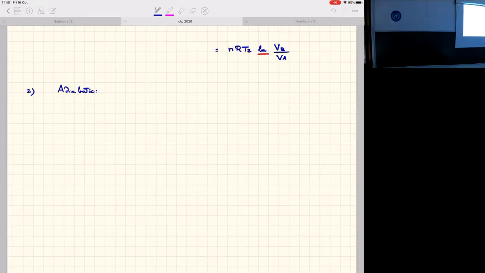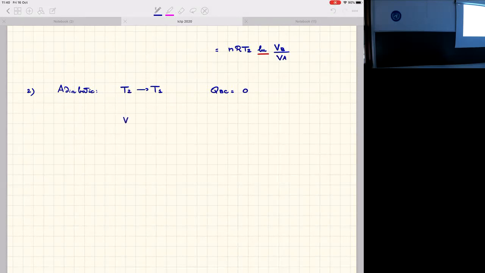Yes, adiabatic. So in the adiabatic part, of course the temperature is changing, and since it's an adiabatic expansion, the system is cooling down. And now the heat exchange with the external environment is equal to zero, of course.